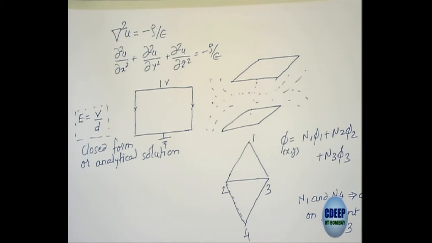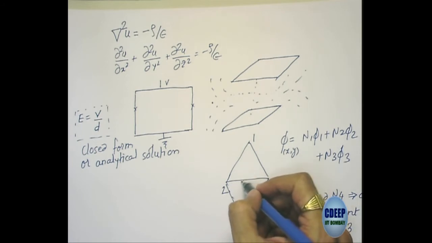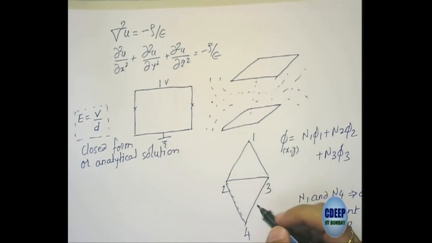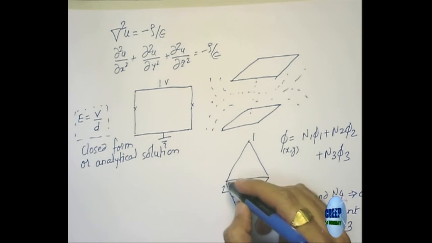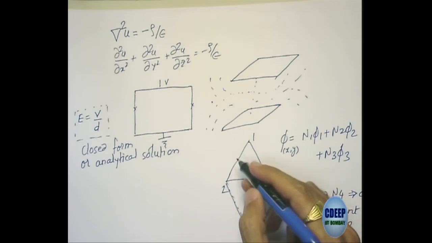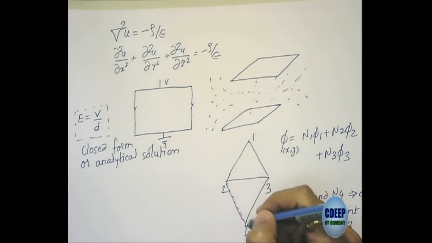It should be like that, because effectively what we are saying is that at any point on this segment 2, 3, the potential value will be decided only by the potentials at 2 and 3 and not by potentials at 1 and 4.